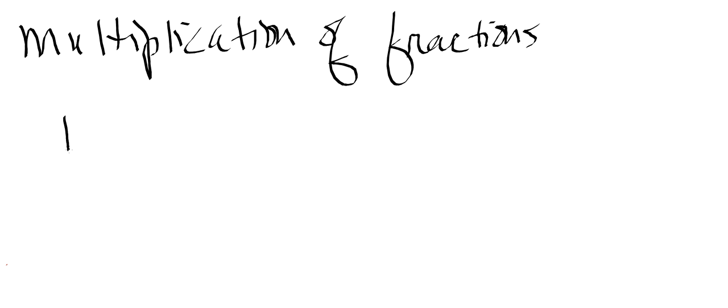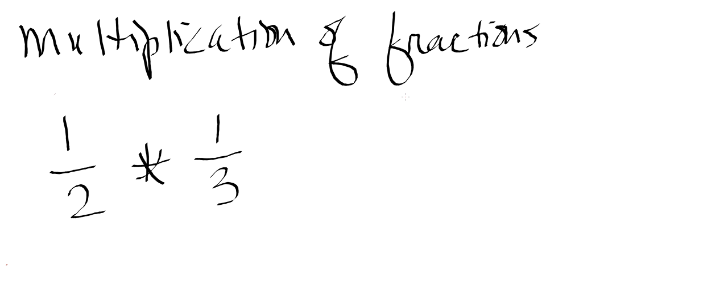Let's say 1/2 times 1/3. When we have multiplication of fractions, it does not matter whether we have the same denominator or not. So all we're going to do is multiply.